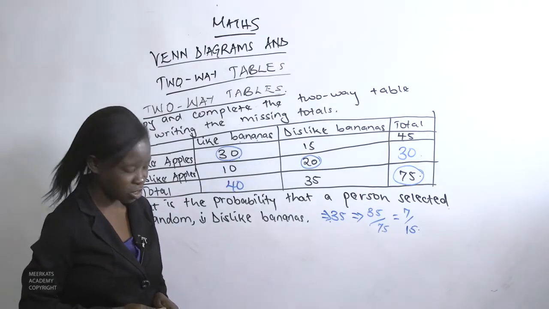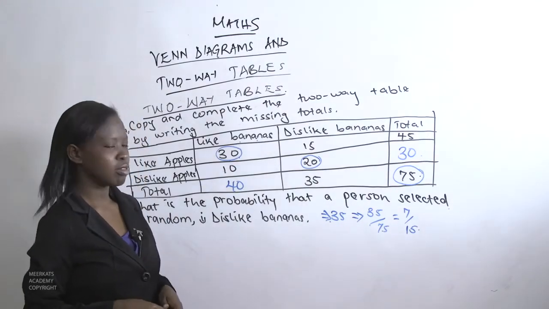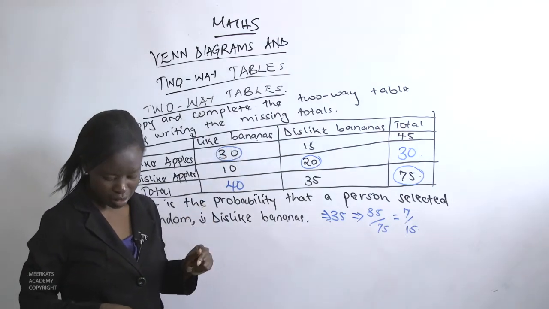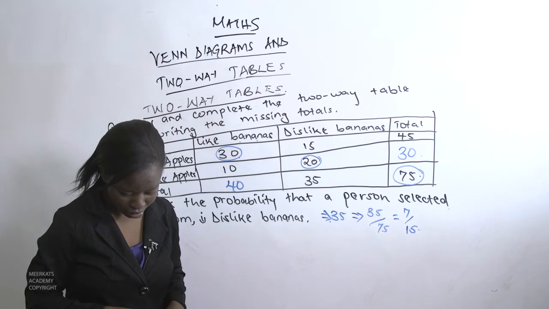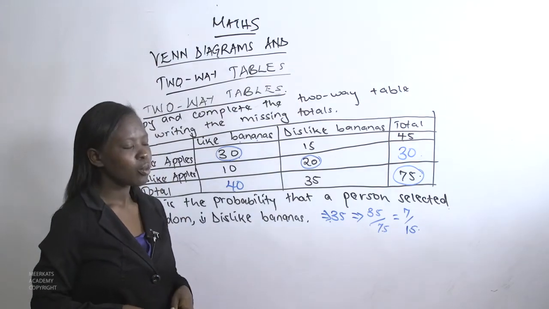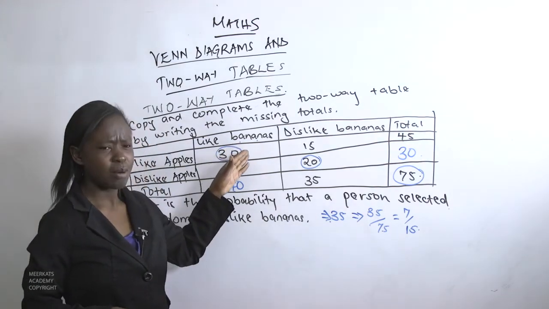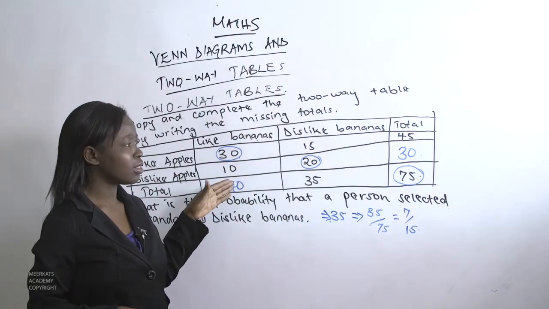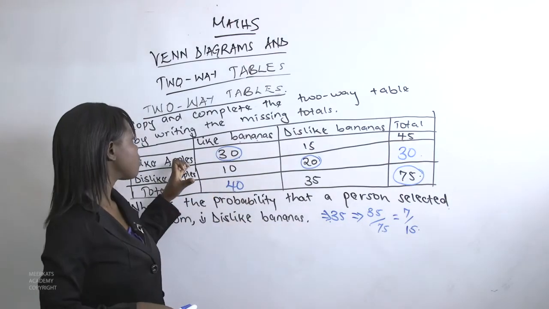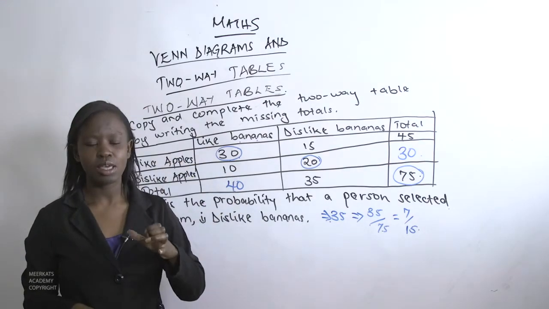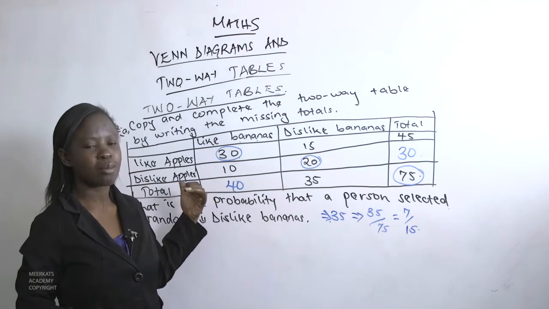The question then comes, is it possible that this person chosen in this given event will like apples and at the same time dislike those apples? And we find that it is not possible. If the person likes apples, there is no way he or she will dislike the same apples.